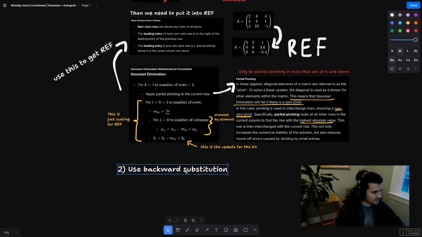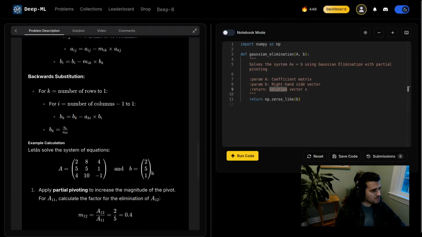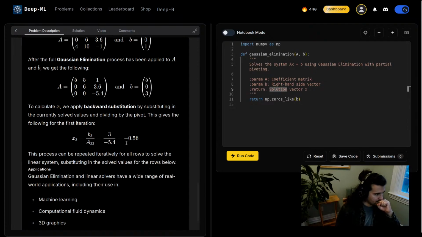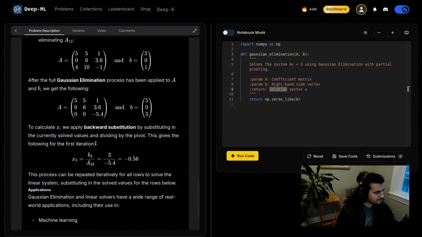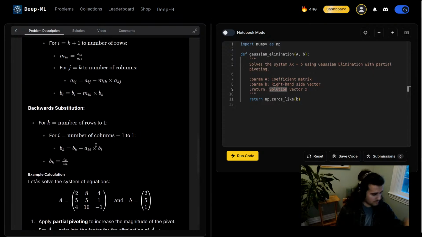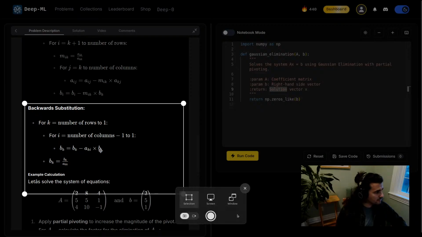Now it's backward substitution, and backward substitution is just what we're doing on the b to find our x, using this algorithm over here.